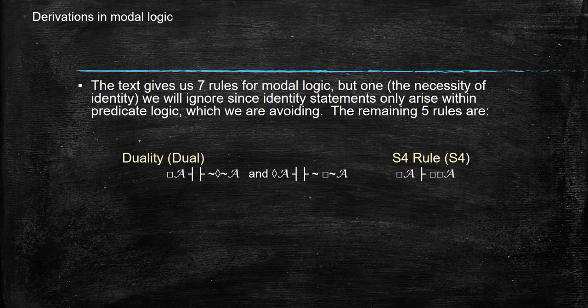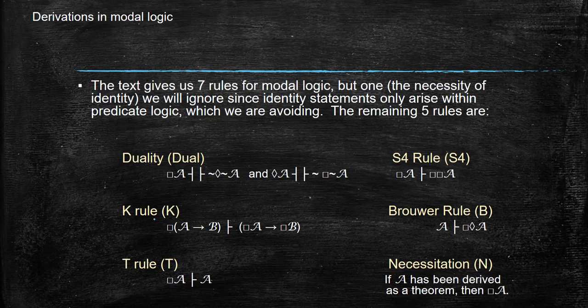So the remaining 5 rules are the K rule, the T rule, S4, Brouwer, and necessitation. So we're adopting all of these rules whole hog as our basic system of Leibnizian modal logic. So let's make sure we understand each one.